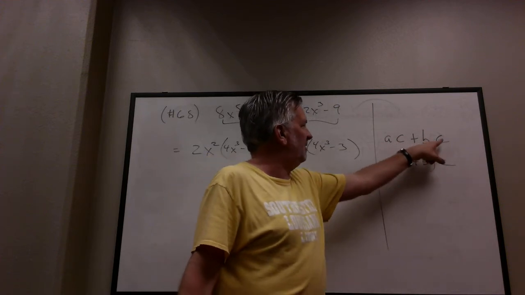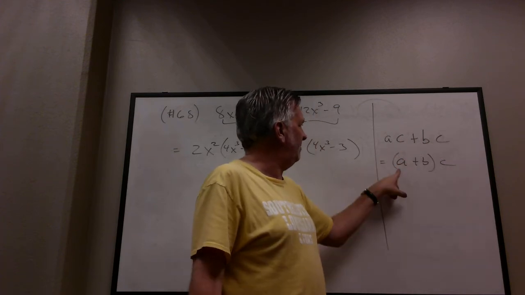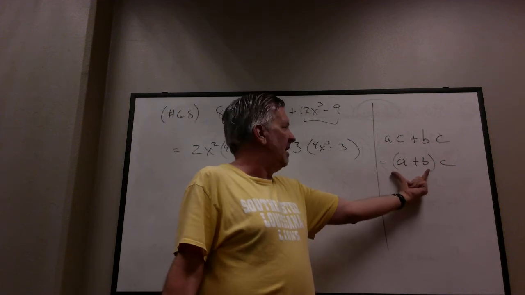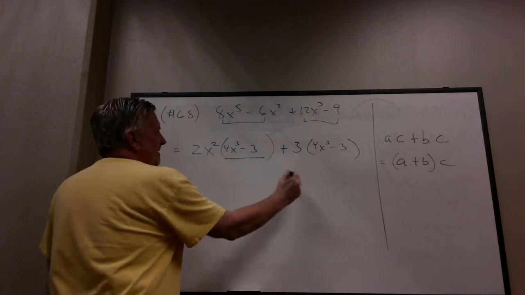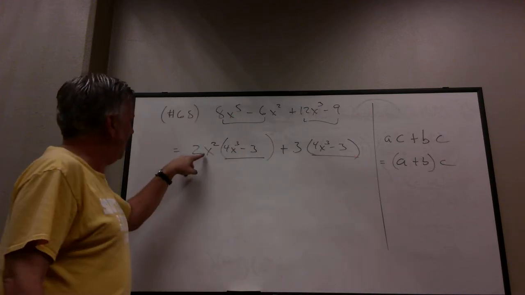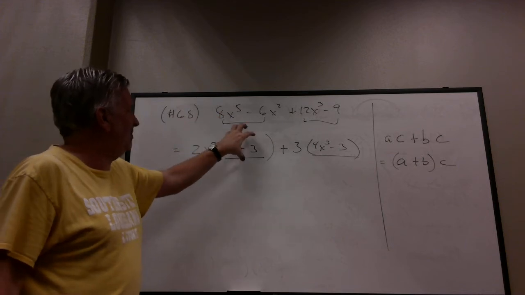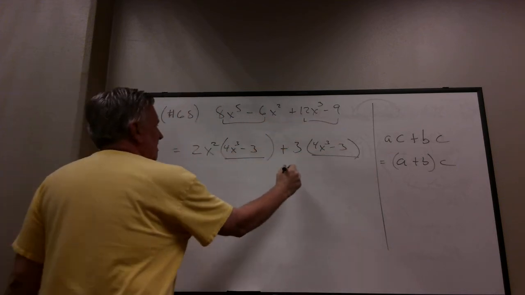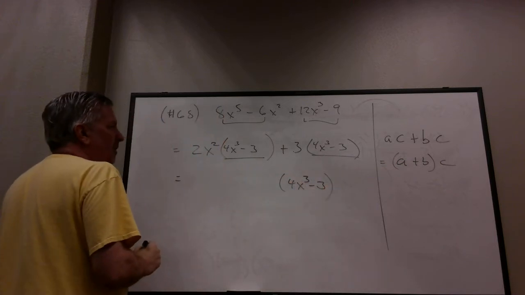There's a C here and a C here, so I can pull it out of both. Factor the C out of here, you're left with A. Factor the C out of here, you're left with B. Very easy. I want you to realize that's what I'm going to do here. That's my C and that's my C. This is my A and that's my B. I have A times C plus B times C. So if I factor that C out over here, what am I going to be left with?